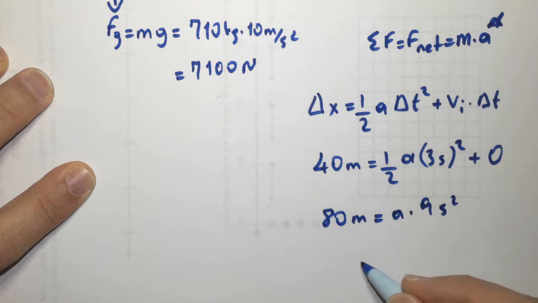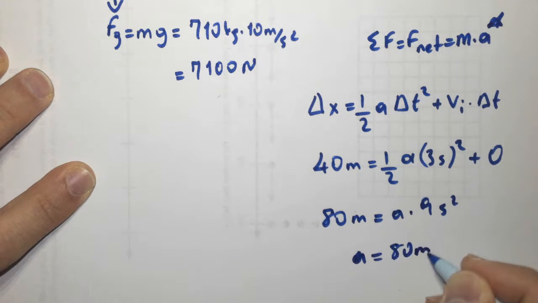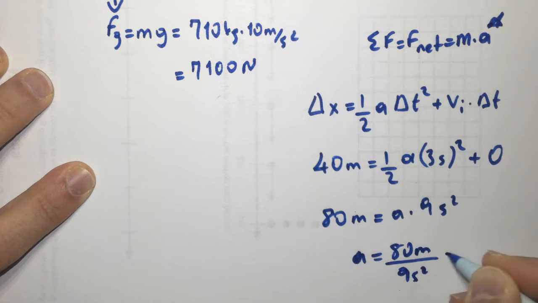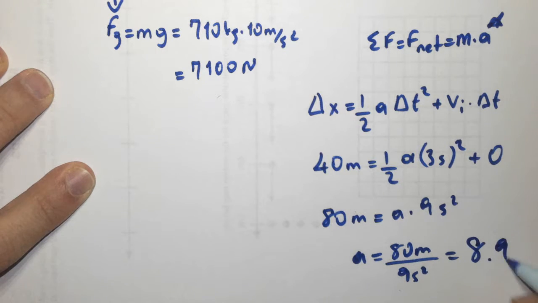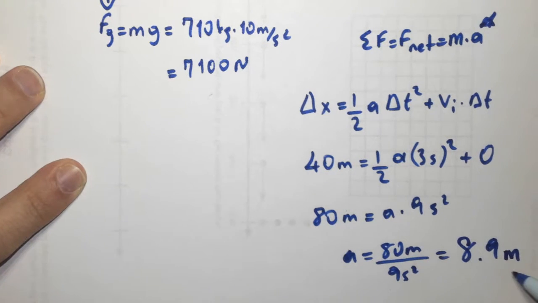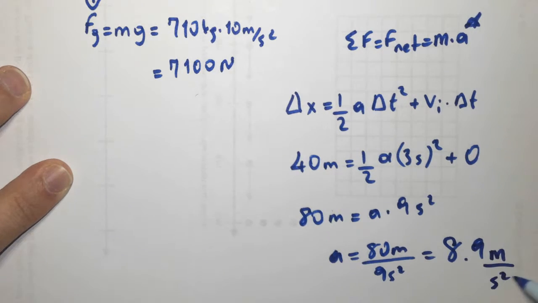Then acceleration will be 80 meters over 9 seconds squared. Let's put it in the calculator: 80 divided by 9 equals 8.88, so we can say just 8.9 meters per second squared. That's it. So we found the acceleration.